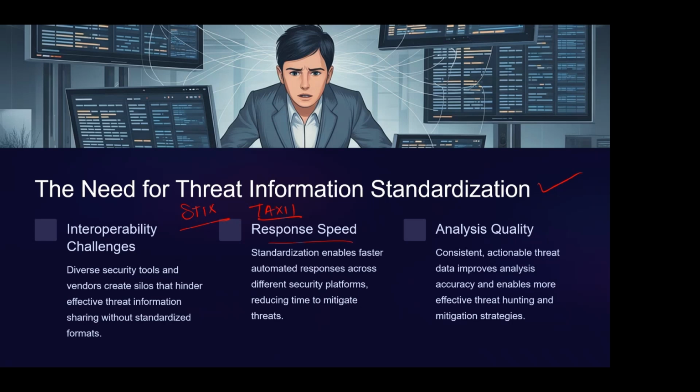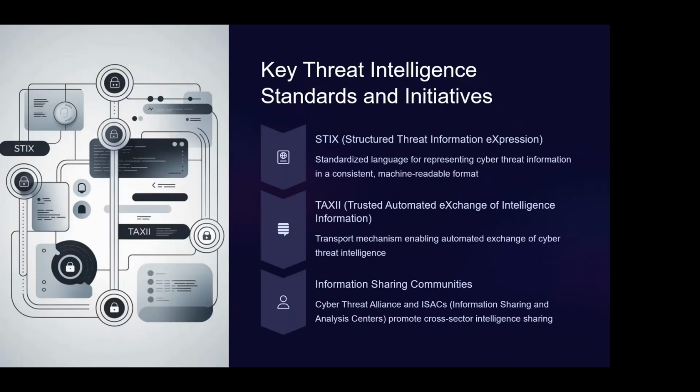There is a response speed. Standardization enables faster automated responses across different security platforms and reduces the time to mitigate the threats. There is analysis quality. Consistent, actionable threat data improves the analysis accuracy, and enables more effective threat hunting and mitigation strategies. Okay, this is another component of network security.